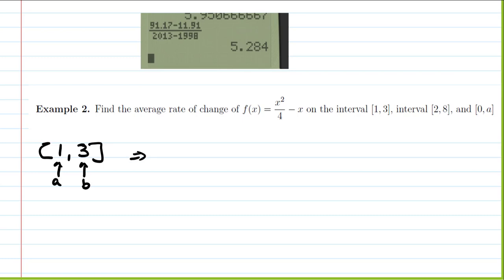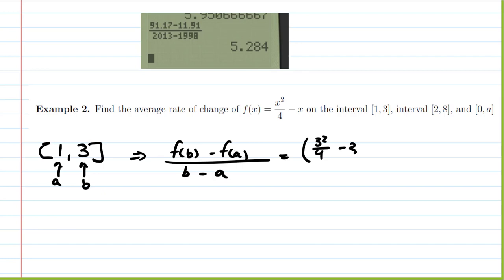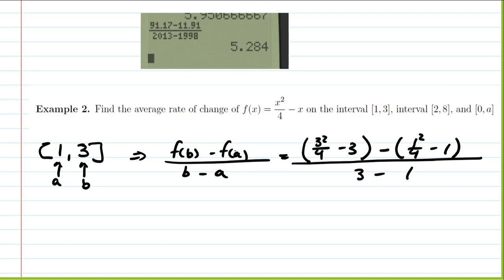And the formula is f of b minus f of a all over b minus a. So in this case, it would be 3 squared over 4 minus 3, minus our a, so 1 squared over 4 minus 1, all over b minus a. And then we would need to simplify that down and see what we get.